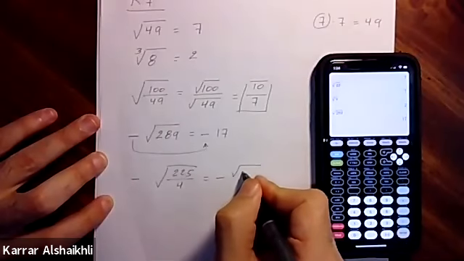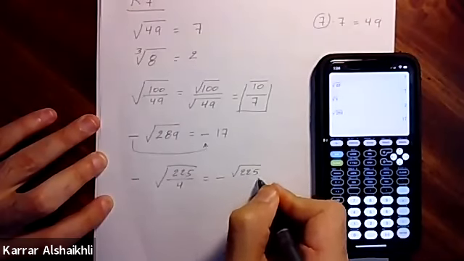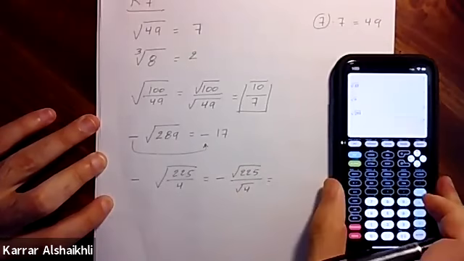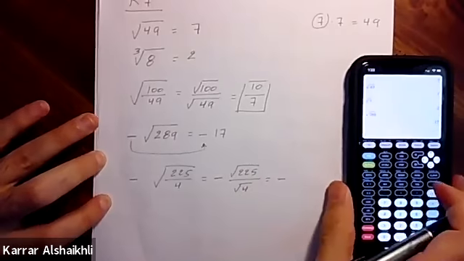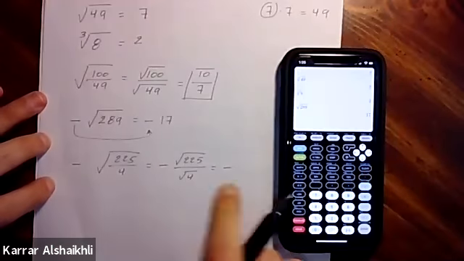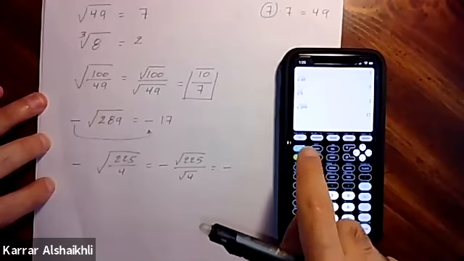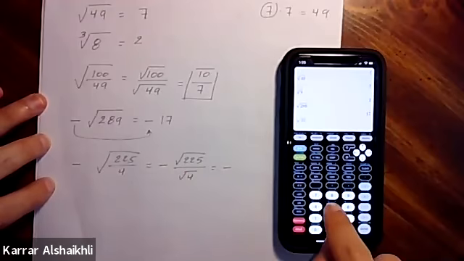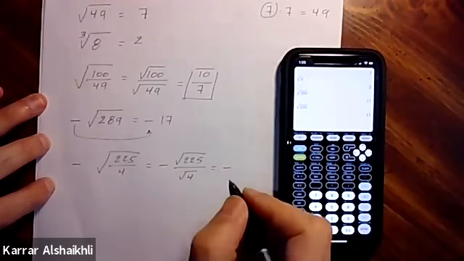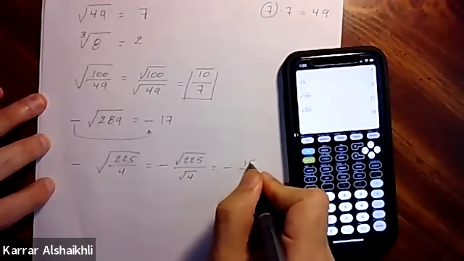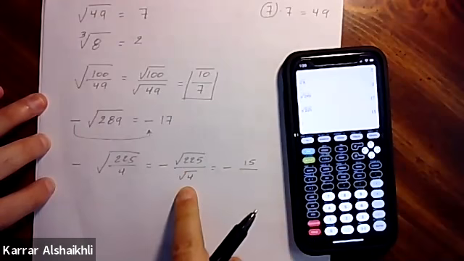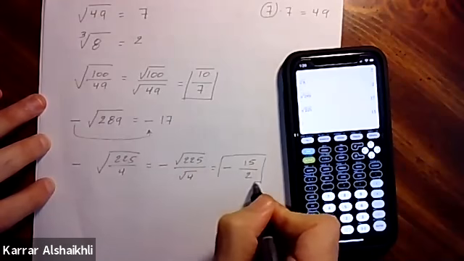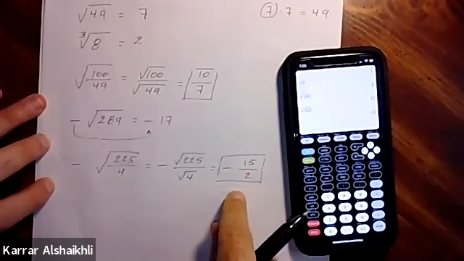So it's going to be the square root of 225 over the square root of 4. Here is the negative sign, and let's find the square root of 225. I'm going to press second, here is 225, and it's going to be 15. So it's going to be negative 15, and the square root of 4 is going to be 2. So it's going to be negative 15 over 2.